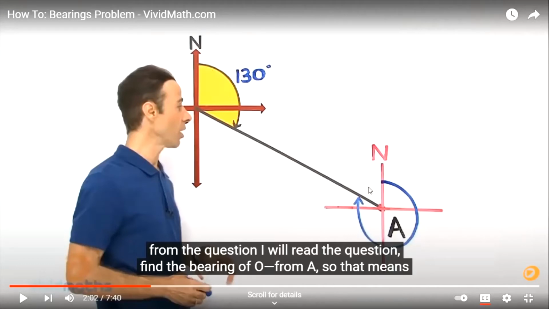Notice this little angle right here. These are called interior angles. And what we know about interior angles is when you add them together, you get 180. So that information right there could tell you what this angle is. Interior angles must always add up to 180. So what is this angle?